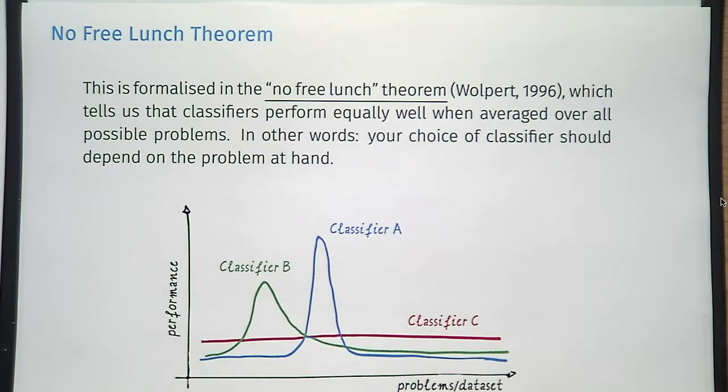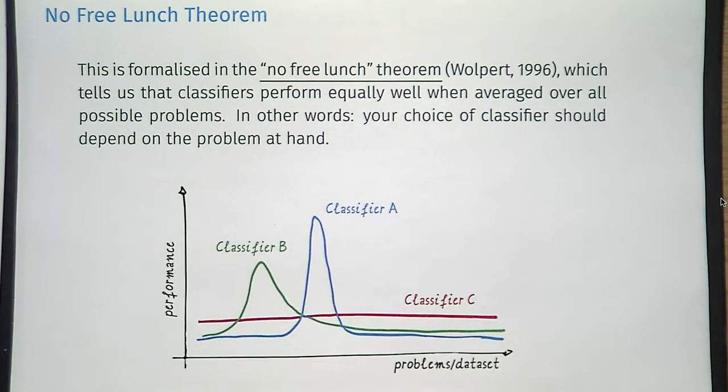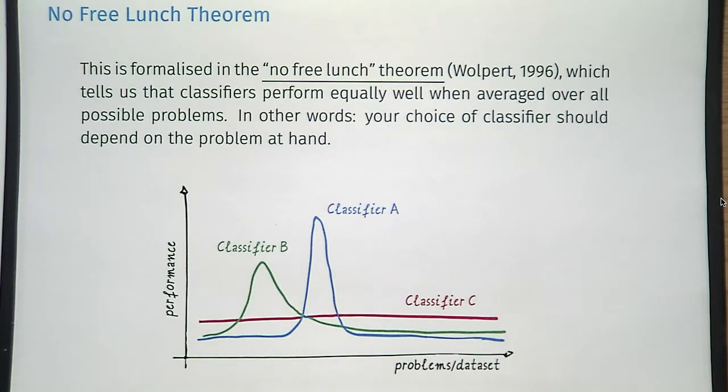The no free lunch theorem formalizes some of these elements and basically says, on the x-axis here you have a whole range of possible problems you might have, plenty of data sets, and on the y-axis you have the performance. Each classifier will behave differently over the range of all these problems.